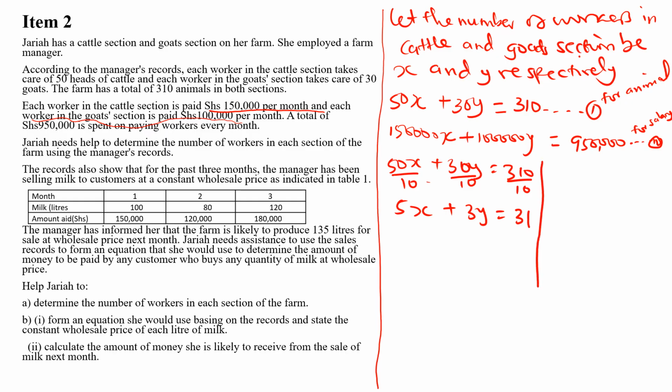Then similarly, you come here and do the same. Say 150x plus 100,000y is equal to 950,000.